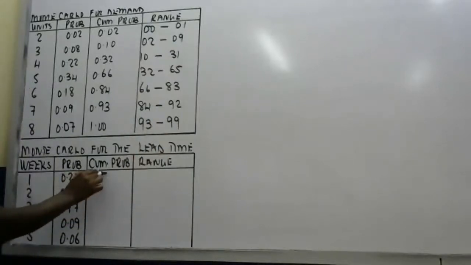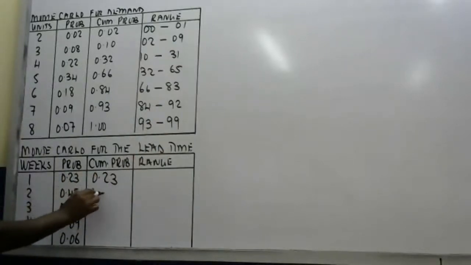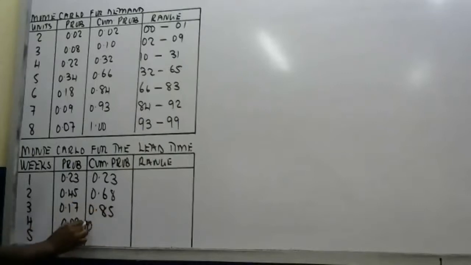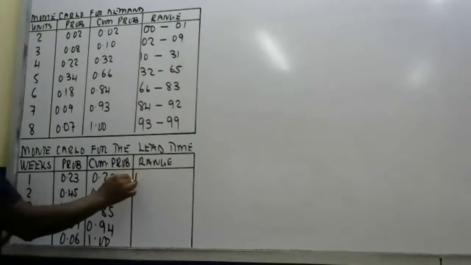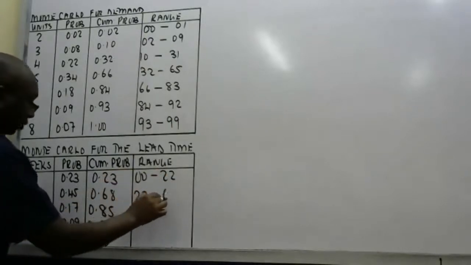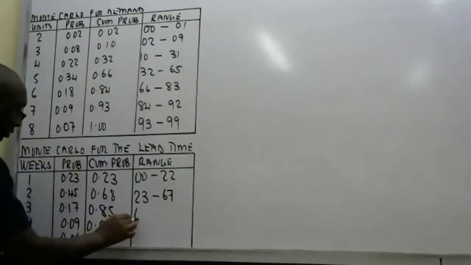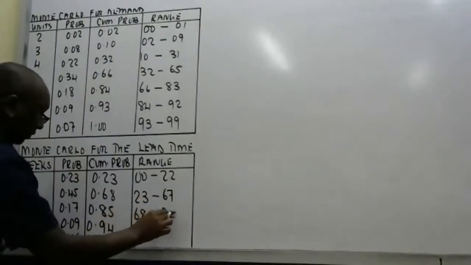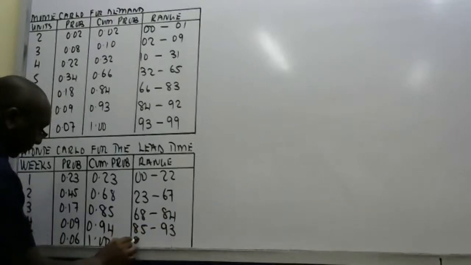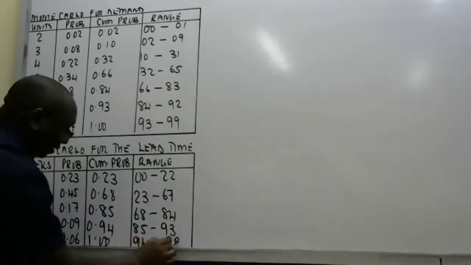Then for the lead time, 0.23, 0.68, 0.85, 0.94, and 1. So that I have 00 to 22, 23 to 67, 68 to 84, 85 to 93, 94 to 99.